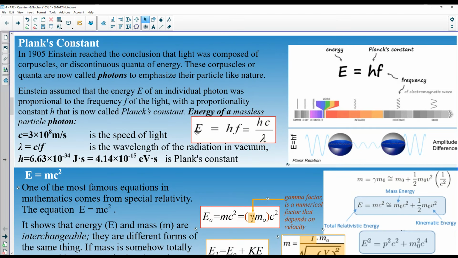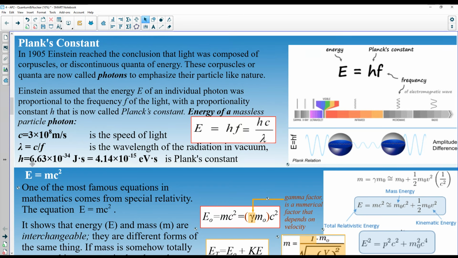So the energy of the photon can be described by this formula, where f is the speed of light over the wavelength of that photon that is coming. And you can write Planck's constant in electron volts.